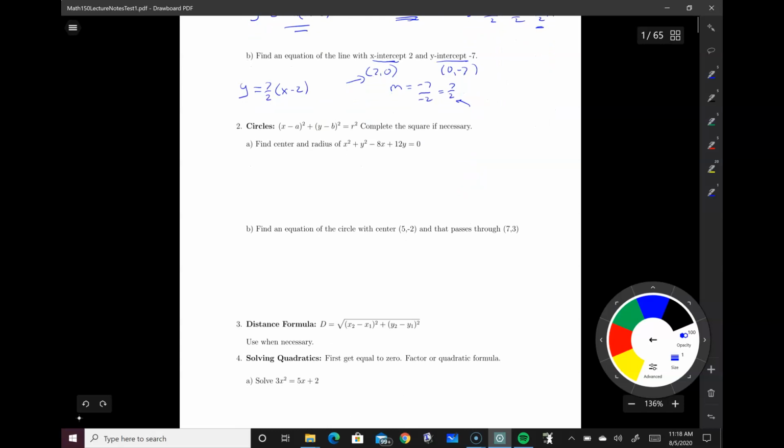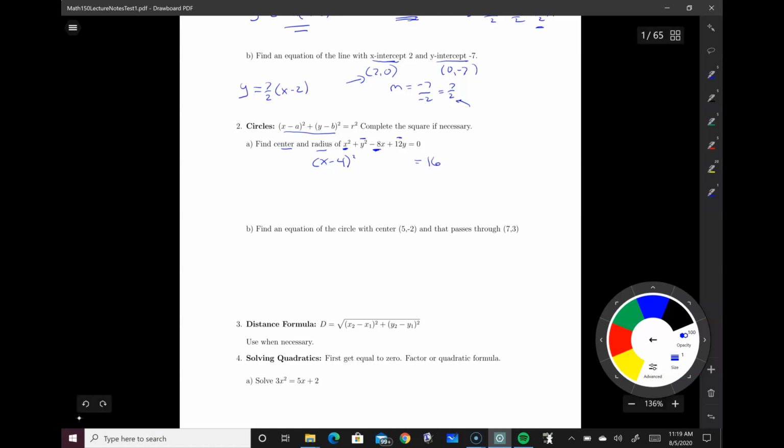All right, so equations of circles. So you recognize x squared and y squared, x and y. I need to get it in this form if I'm going to find the radius and center of the circle. So I'm going to complete the square. So completing the square on these two, I'll get (x minus 4) squared. And I've added a 16 to this side, so I need to add a 16 to this side.